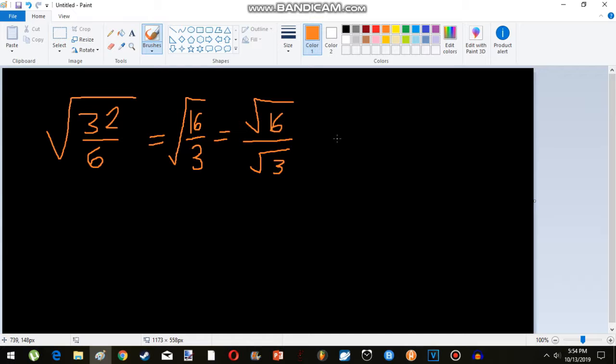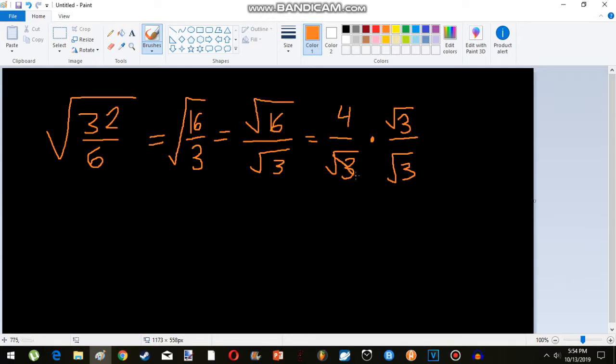Now you might think that I'm being counterproductive, but as you can see, the square root of 16 is legible. So what's the square root of 16? 4, over 3. Now we can rationalize it. The moment you're all waiting for, I bet. Let's rationalize it.